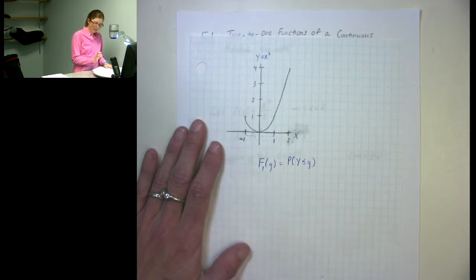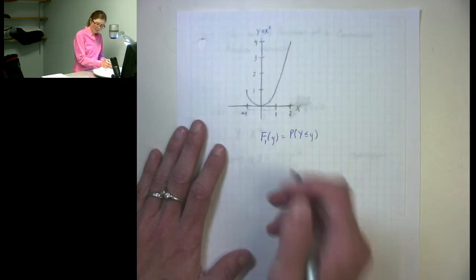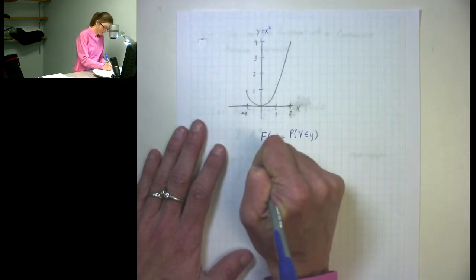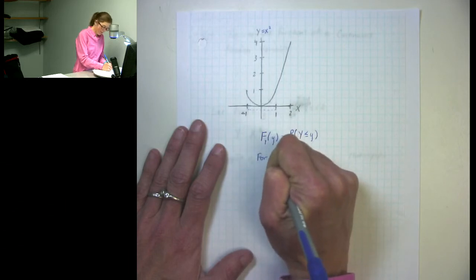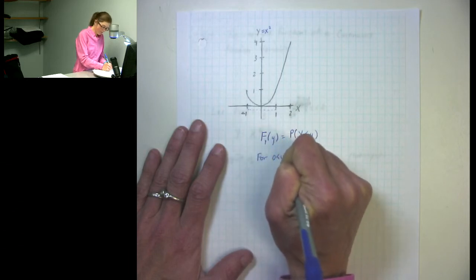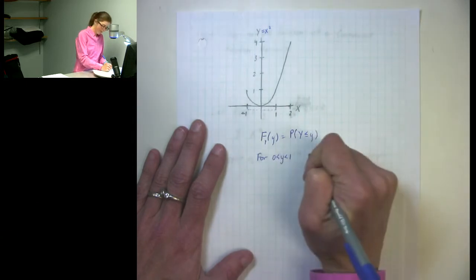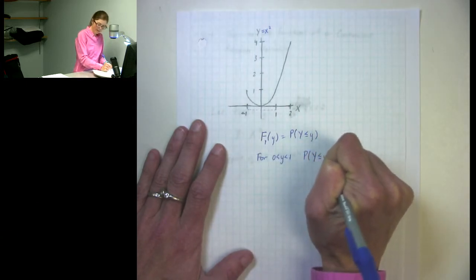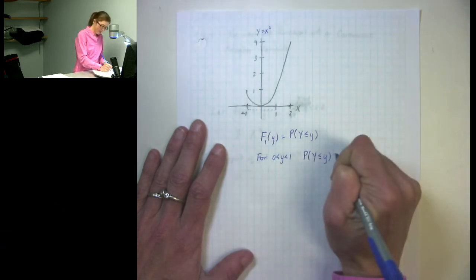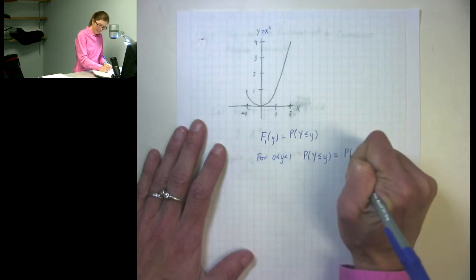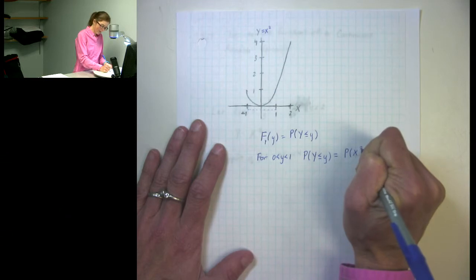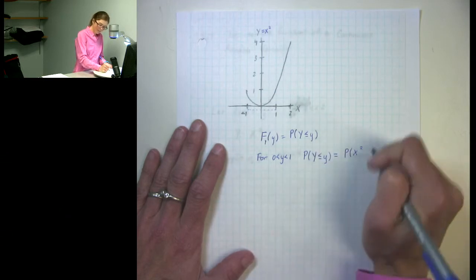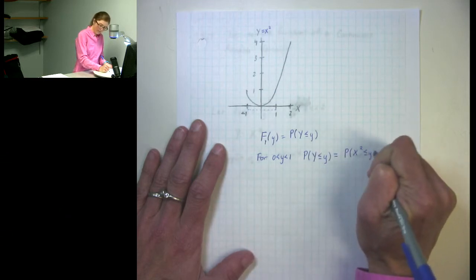So I'm going to start by looking just in this range. For values of y that are between 0 and 1, if I want to find the probability that Y takes on a value less than or equal to little y, I can rewrite this as the probability that X squared, because Y equals X squared, is less than or equal to little y.